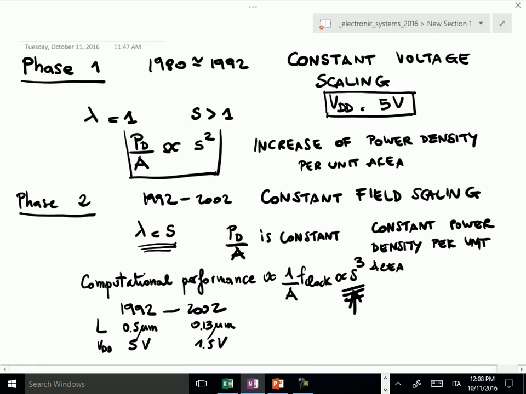When you scale geometry in this way, you also have to scale the oxide thickness. And the oxide thickness, for example, from 2002, goes from something like 7 nanometers to 2 nanometers. So 2 nanometers is really thin as a gate dielectric, and actually at 2 nanometers the current going through the oxide is not negligible anymore.